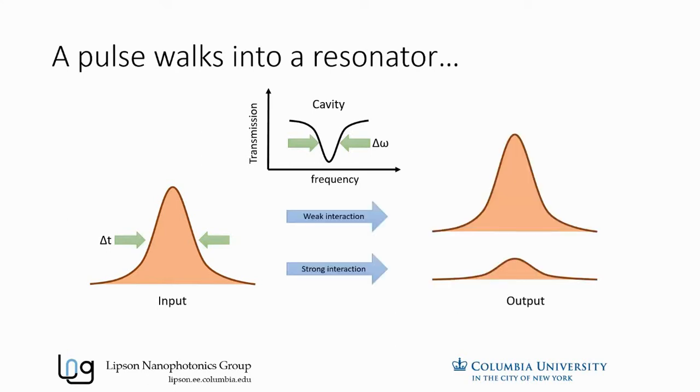If this interaction is very weak, the pulse basically transmits the cavity with very little modulation. And the stronger this interaction is, the more of the pulse will be loaded into the cavity and the output on your bus will be more extinguished.